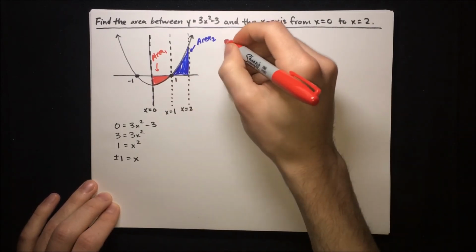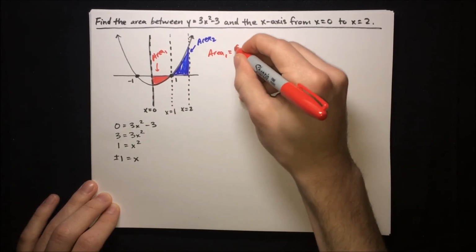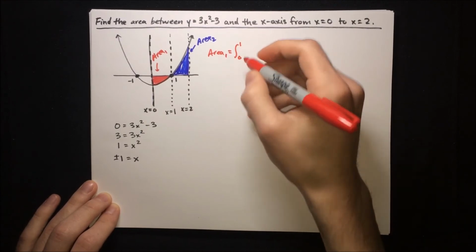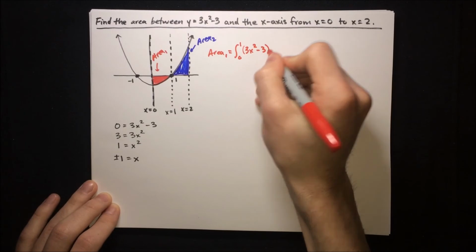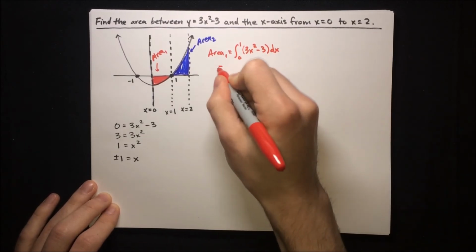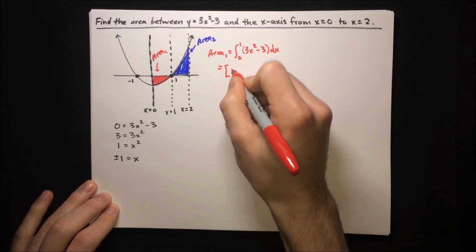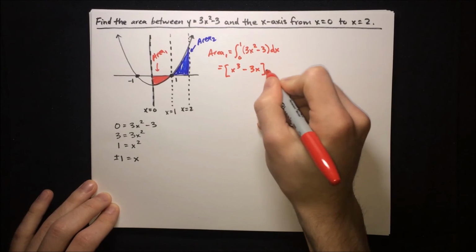Okay, so now we're ready to go ahead and break up the areas, and we'll find the areas, we'll add them. So area 1 is equal to the integral from 0 to 1 of our curve 3x squared minus 3, and we'll go ahead and compute that. So 3x squared, the antiderivative of that is just x cubed, and then minus 3x.